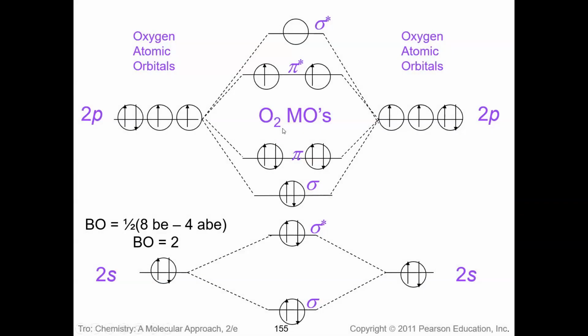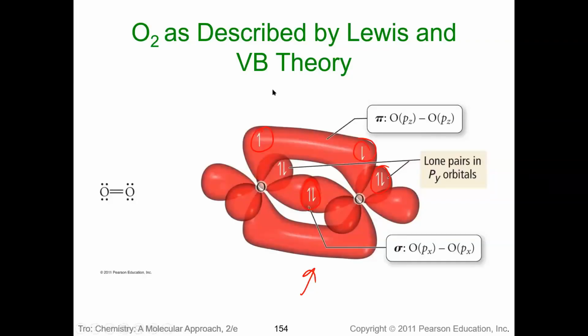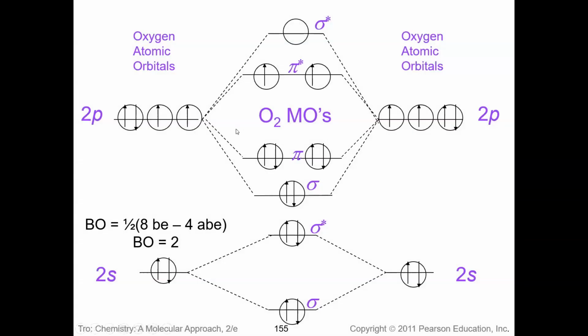So here's what oxygen looks like using molecular orbital theory. So again, valence bond theory says there's no unpaired electrons in oxygen. So it should be diamagnetic, which means it's not attracted to a magnetic field. But we know oxygen is paramagnetic, so it must have unpaired electrons. So that's why we're going to look at molecular orbital theory to see what it means by unpaired electrons.